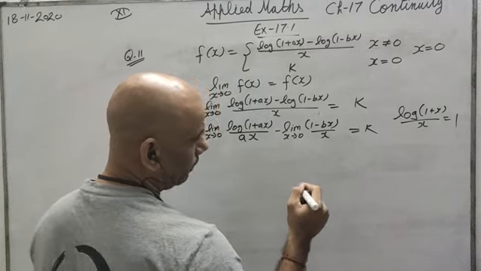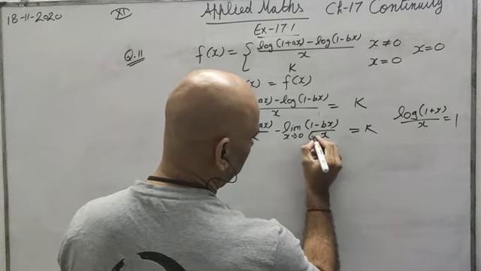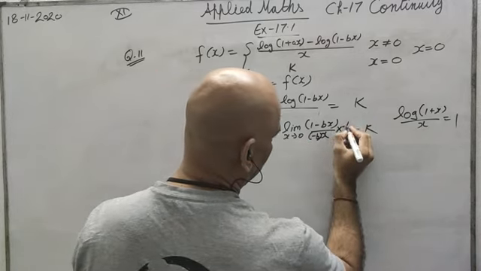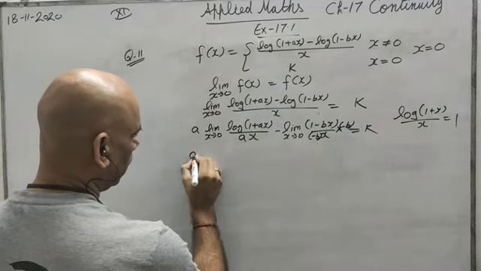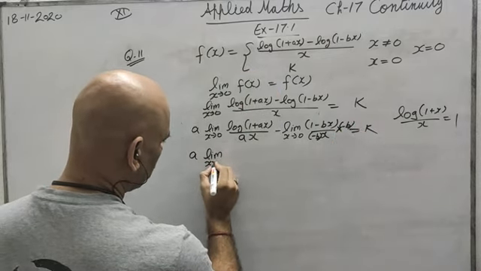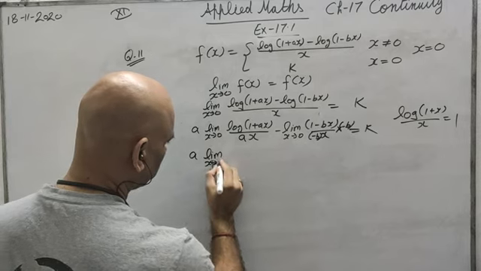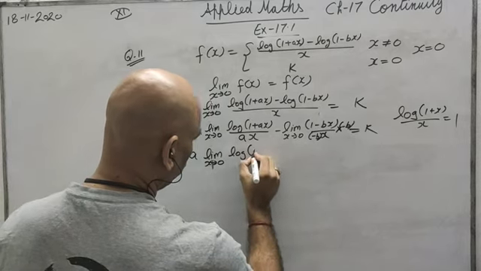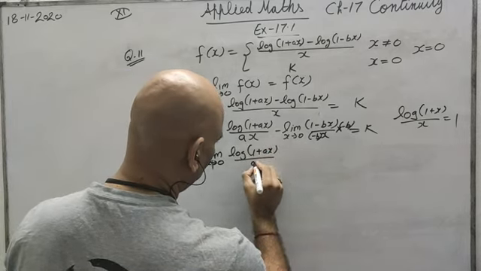Here I want minus bx, so I will multiply and divide by minus b. So I will get a limit x tends to 0 log(1 plus ax) upon ax.